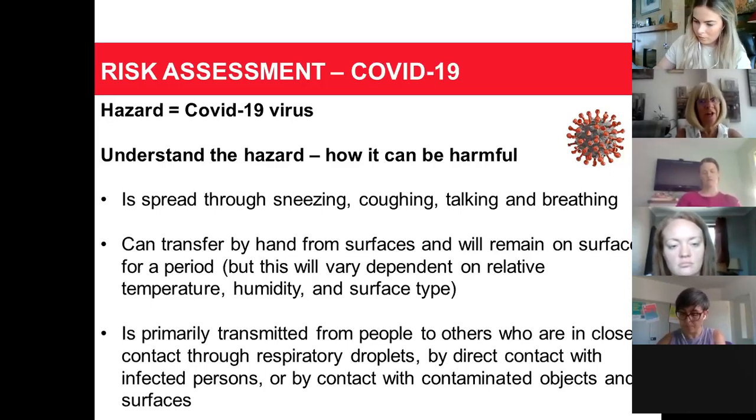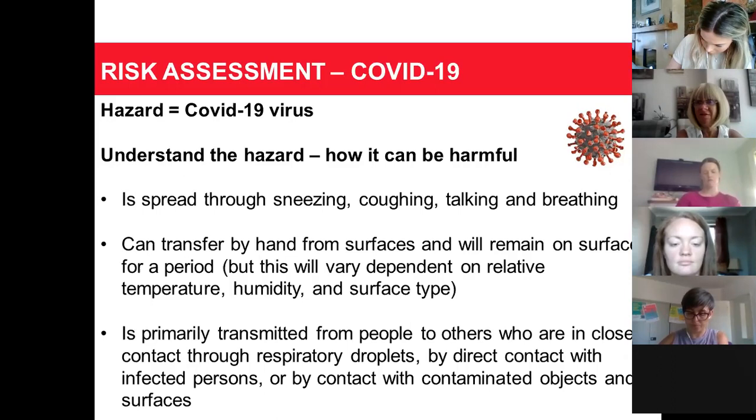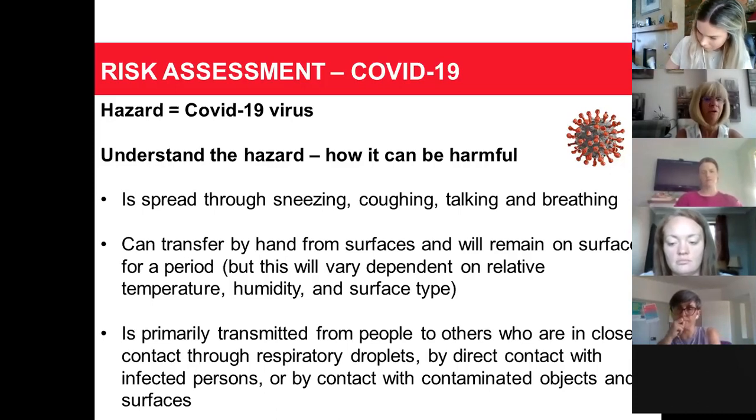So what do we know about COVID-19 already? We're learning all the time, but already we know that it's spread through sneezing, coughing, talking and breathing. We know that it can transfer by hand from surfaces and will remain on surfaces for a period of time. This will be very dependent on relative temperature, humidity and surface type, so we don't know for sure how long the virus is going to remain live on any particular surface, which is obviously something that we're going to have to be mindful of.